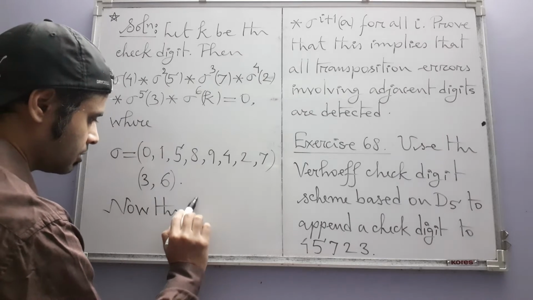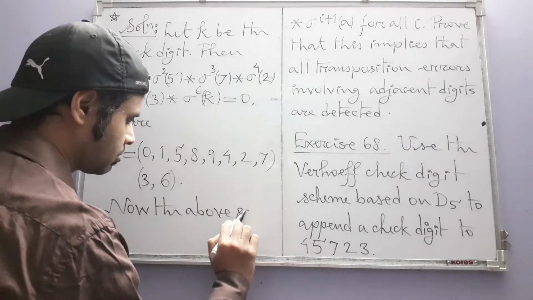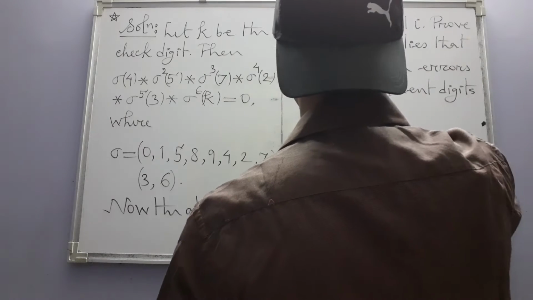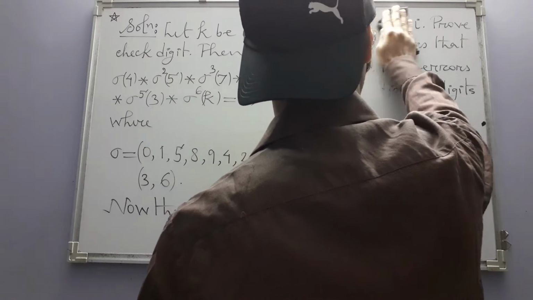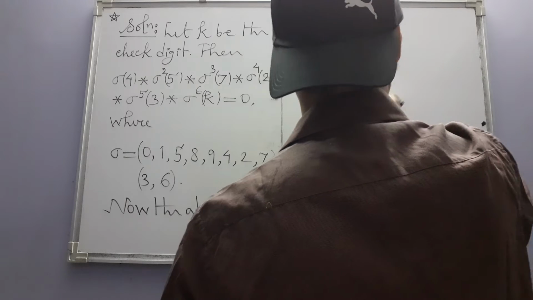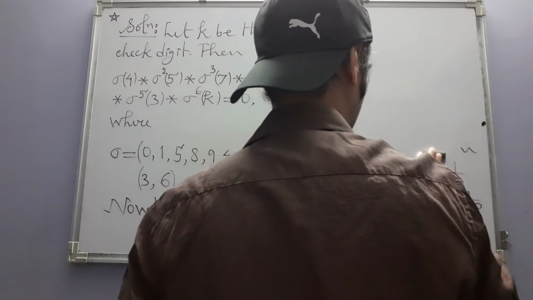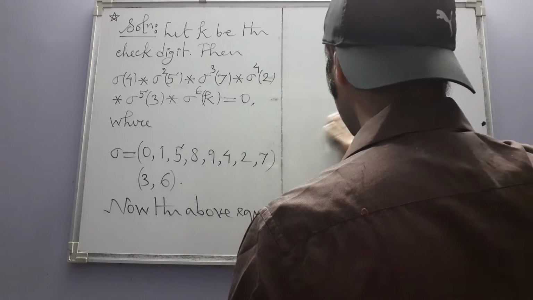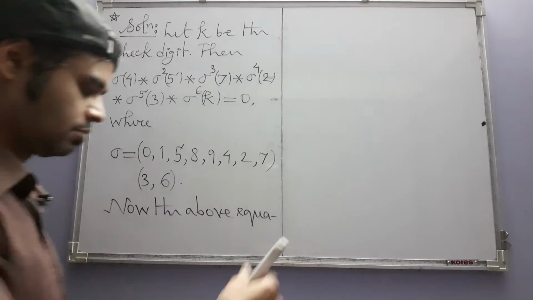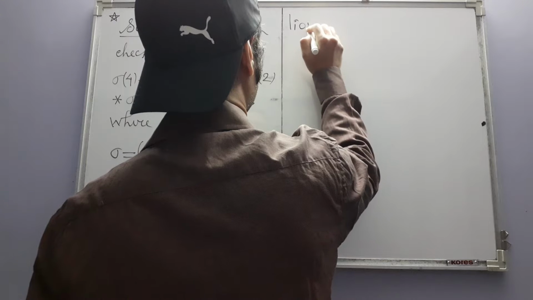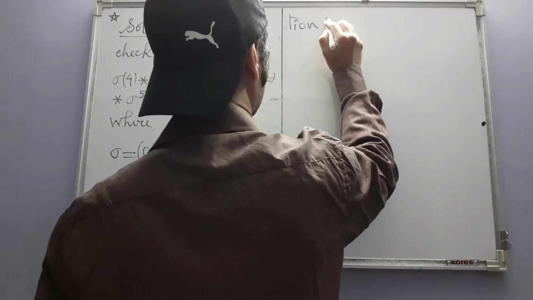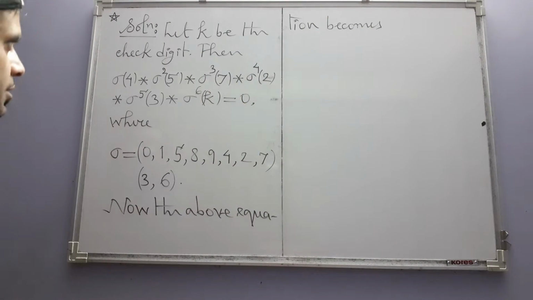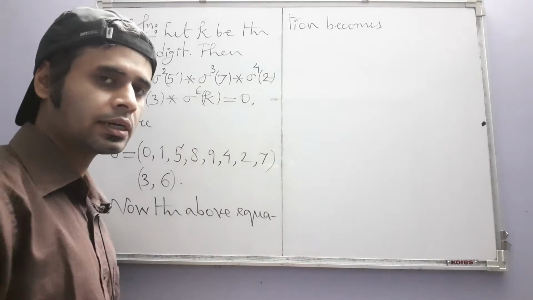Now the above equation becomes what we now have to put these values. Already tables are given in the text.